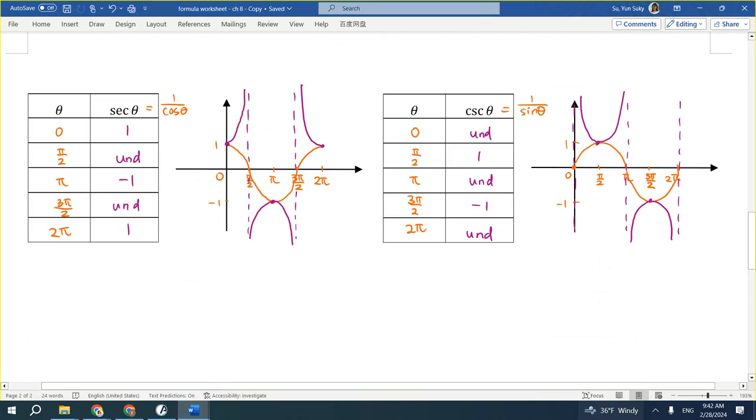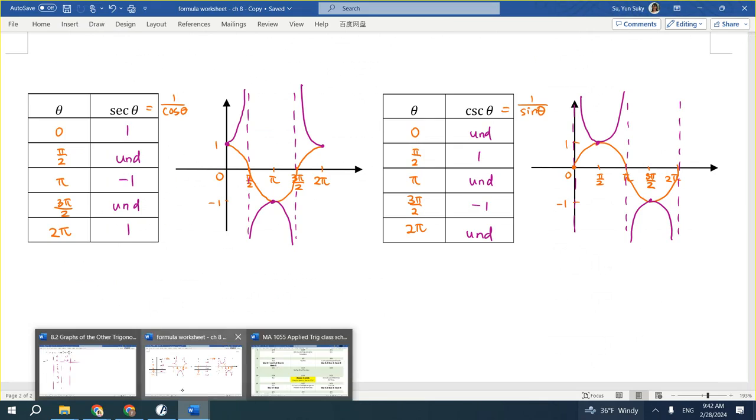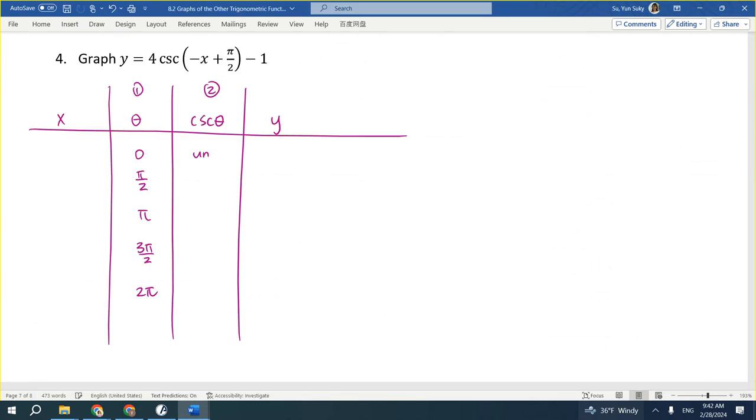What do you get? Undefined, 1, undefined, -1, undefined. So it's very easy to calculate for the cosecant because a lot of values are undefined. And so when you plug in the y, you also get undefined.